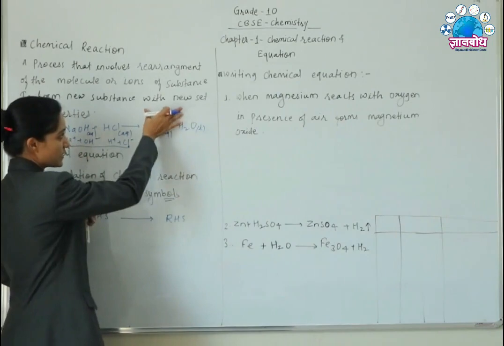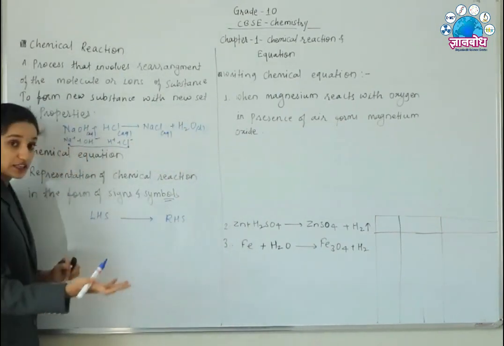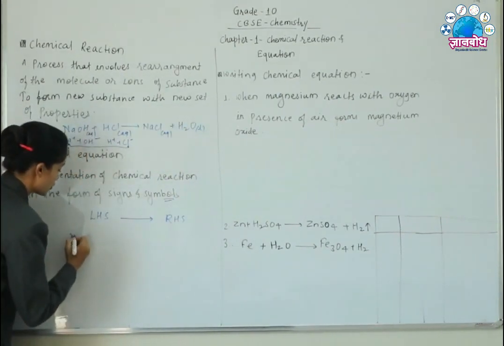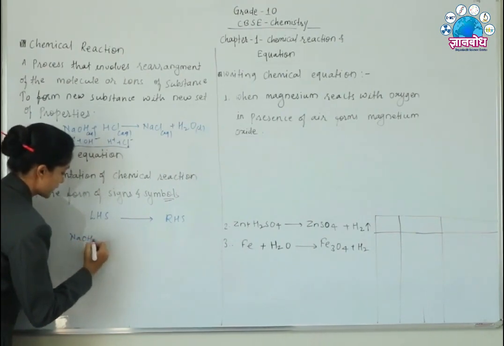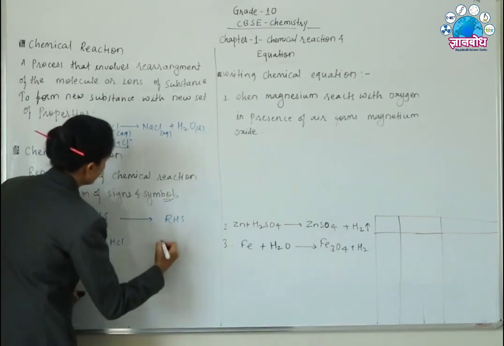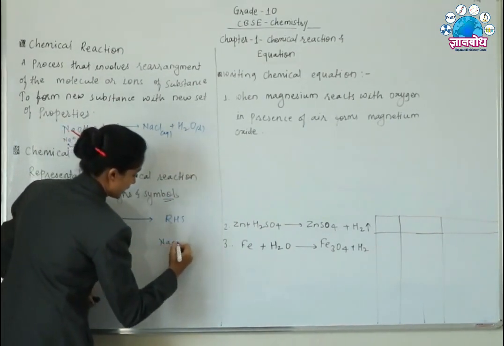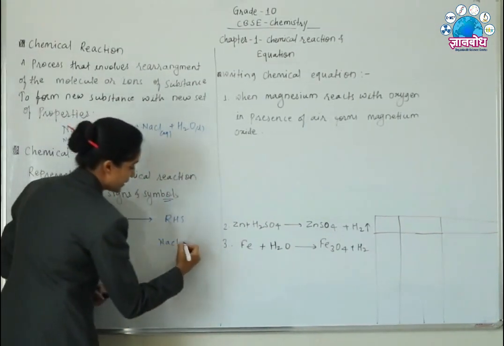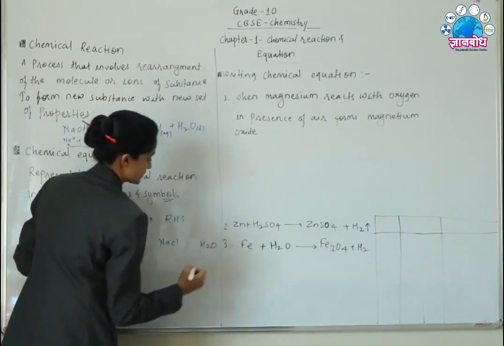Now let's have the same reaction here. I'll explain with the same example. Sodium hydroxide reacts with hydrochloric acid to give NaCl, that is sodium chloride, and water.